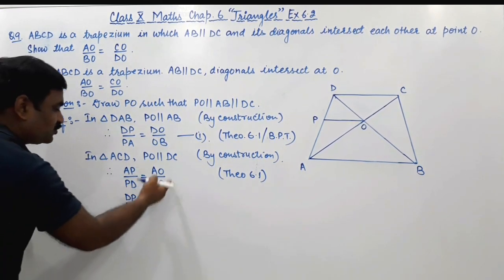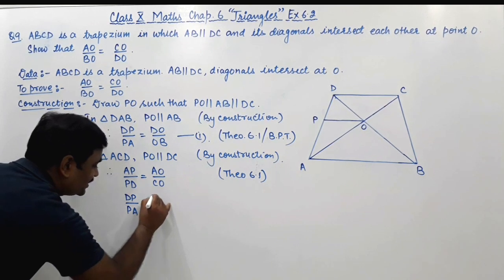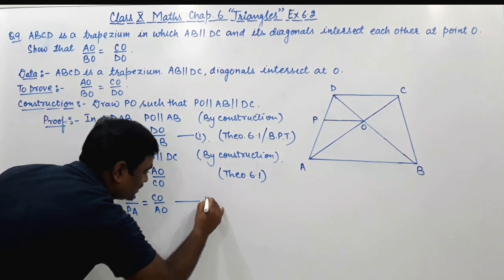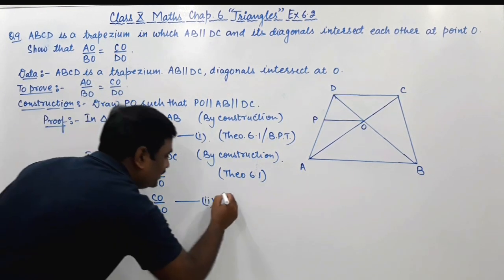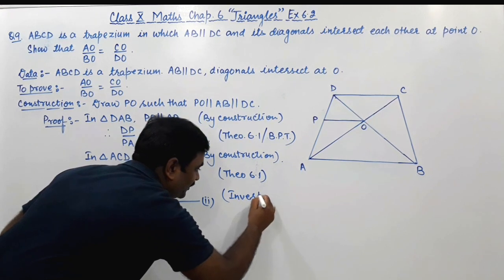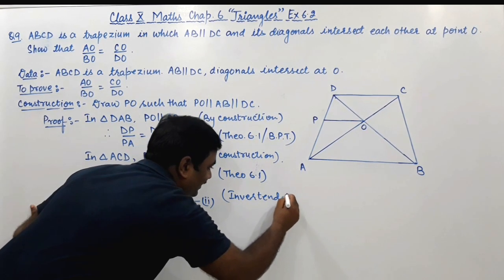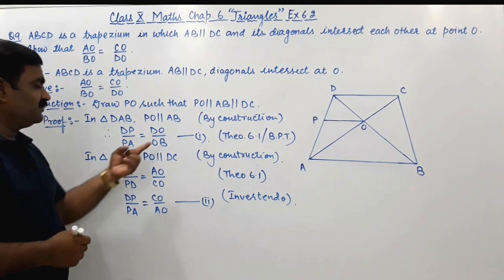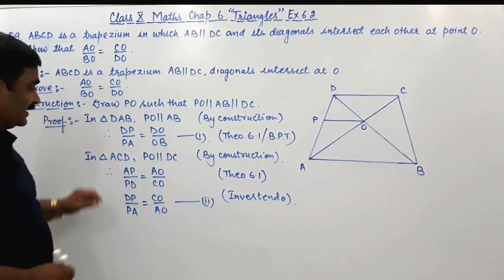इसको इन्वर्ट किया तो इसको भी इन्वर्ट कर देंगे. सो इट कैन बी रिटन एज CO अपॉन AO. अभी इसको इक्वेशन सेकंड ले लेते हैं. और ऐसा क्यों किया? बाई इन्वर्ट एंडो. इन्वर्ट कर दिया, इन्वर्ट्स रूल अप्लाई कर दिया. नाउ अभी हम इस इक्वेशन फर्स्ट और सेकंड को कंपेयर करेंगे.